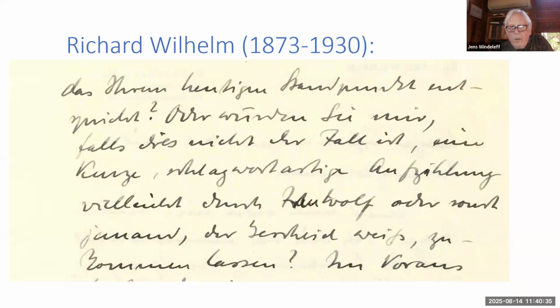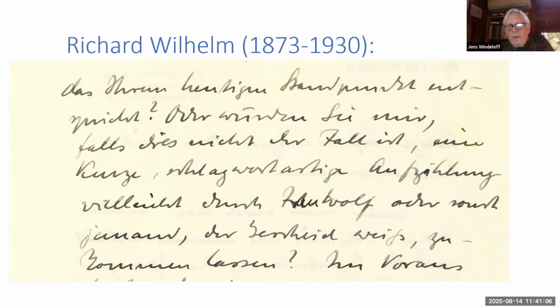This is Richard Wilhelm. He was the sinologist who translated all the classic Chinese great books, the I Ching and Tao Te Ching and all these books. And you see he's a very clear and modest person.